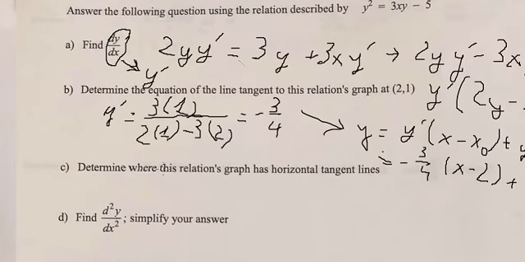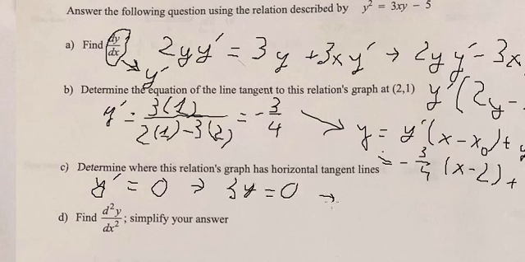C. Determine where this relation's graph has a horizontal tangent line. For question C, that means the first derivative of y equals 0. So that should be 3y equal to 0, and y equals 0 in here.